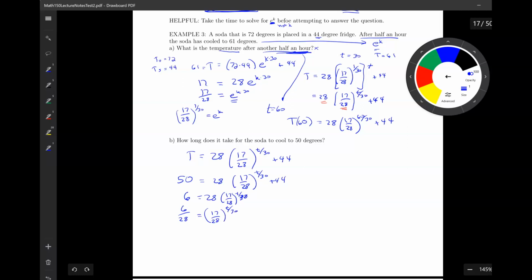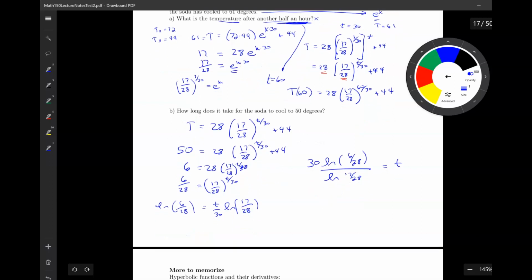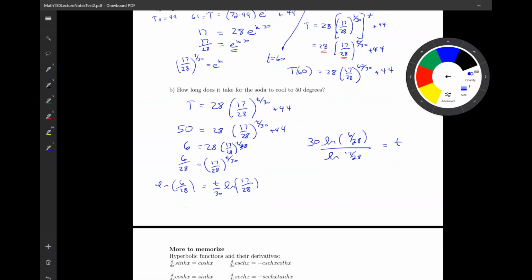Now I'm going to take the ln of both sides, to bring that t over 30 in the front. Then I'm going to multiply by 30 and divide through. That gives me the time to get to the temperature of 50.